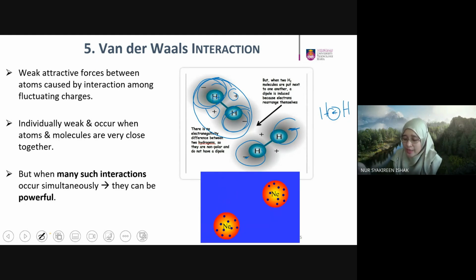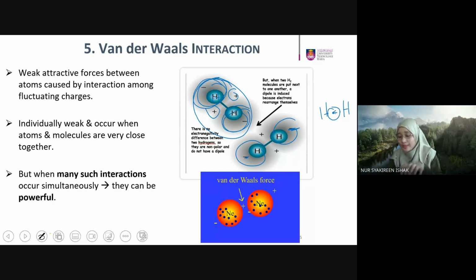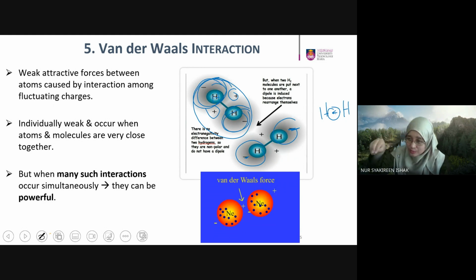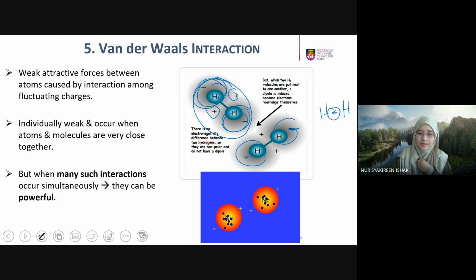However, when you place two hydrogen molecules next to one another, it causes the electron cloud to move, and this induces a dipole. The electrons rearrange themselves around the molecule. So that is van der Waals interaction.